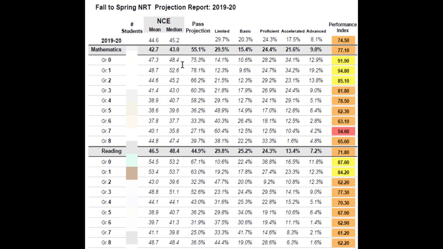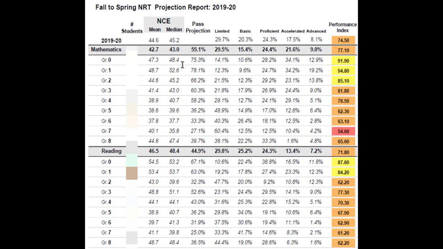And you can see, for example, in this case, 8th grade, 7th grade mathematics has a performance index of 54.6. Well, you needed to get 60 points in order to reach that 50% range that the Ohio Department of Education would count as a D, or a pass, starting to pass that indicator, if that was an indicator, which they do, but not this detailed. So that would be an area of greatest concern.